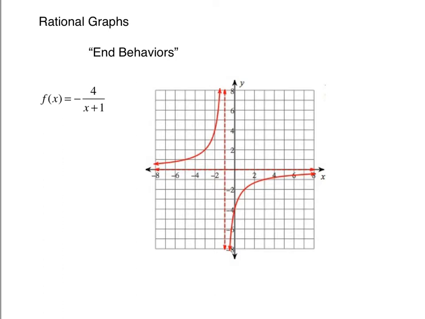We have already been having conversations in class about end behaviors, even though we have not been recognizing them as end behaviors. An example of this is if we look at this denominator here, we already know that there's an excluded value for x, and that's -1. Because of the denominator x plus 1, we know that -1 is an excluded value.